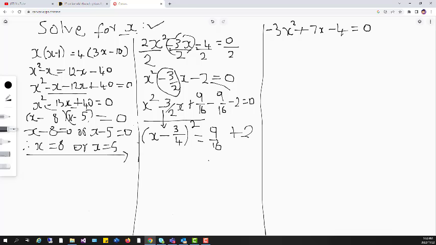All right. So taking square root on both sides in order to offset that square, we will then have x minus 3 over 4 equals to, let's make this one fraction. This would be 16. 16 divided by 16 is 1. 1 times the numerator 9 is 9.